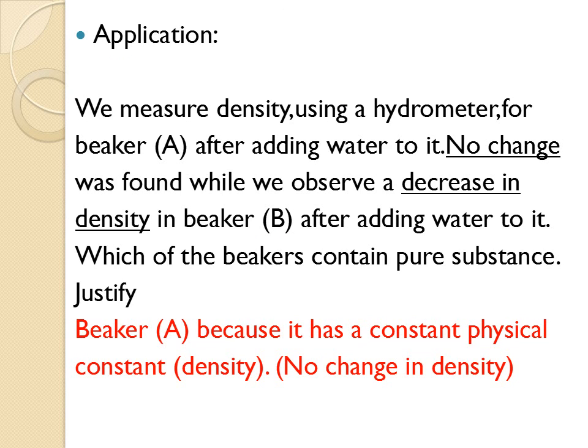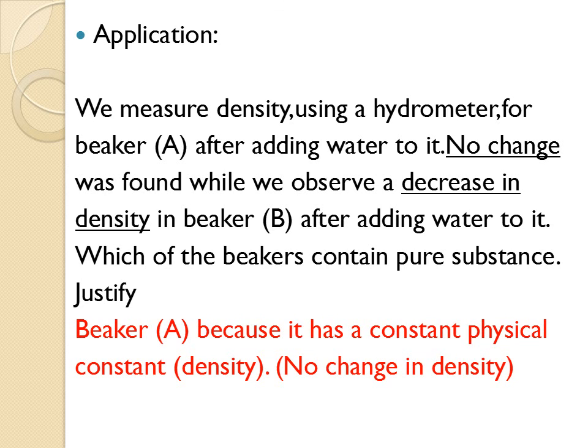To see if you understand or not, let's answer this application. We measure density using a hydrometer for beaker A after adding water to it. No change was found, while we observe a decrease in density in beaker B after adding water to it. They are asking us which of the beakers contains a pure substance, and to justify.